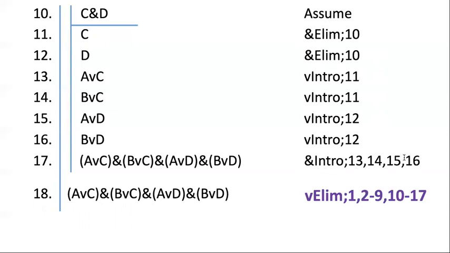Don't put a dash here, because if you put a dash, that's how you cite a subproof. But I'm actually citing these 4 individual lines. That's why they need to be separated by commas. Now, finally, once I proved that sentence in both cases, I exported out of those subproofs with my disjunction elim rule. There was no mystery as to how to cite my final conclusion. I just have to ask myself, why did I start those subproofs in the first place?